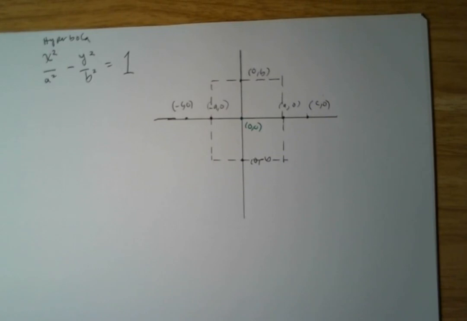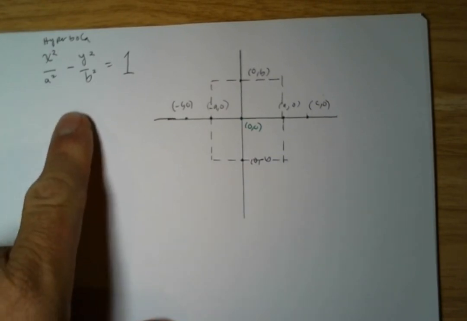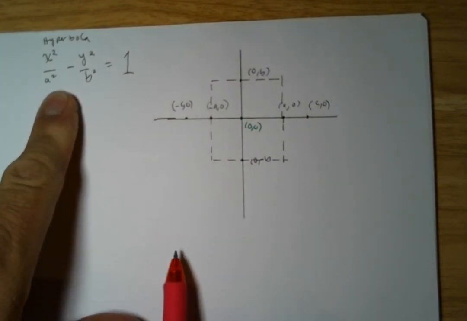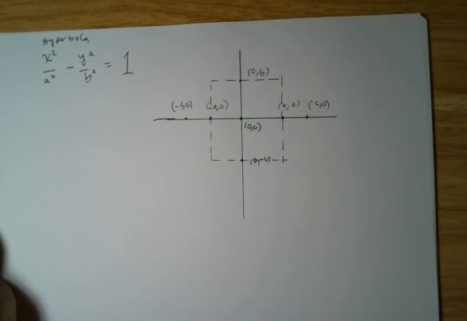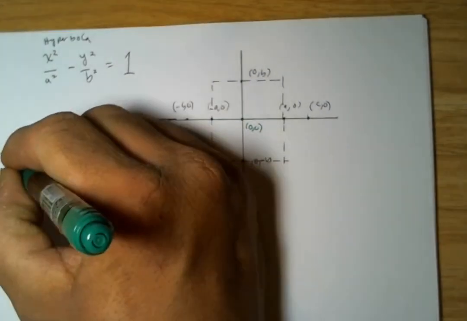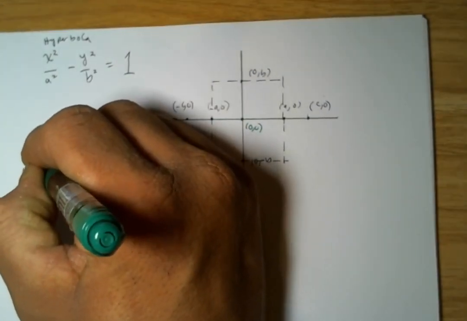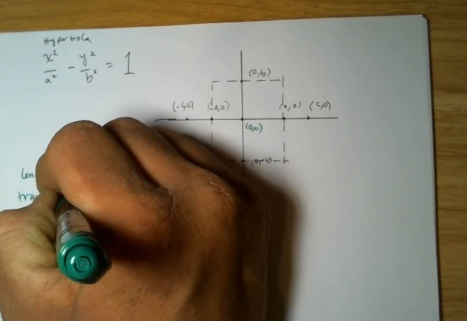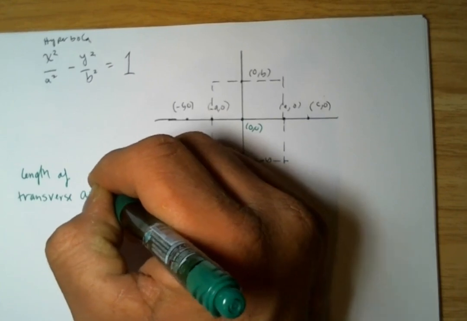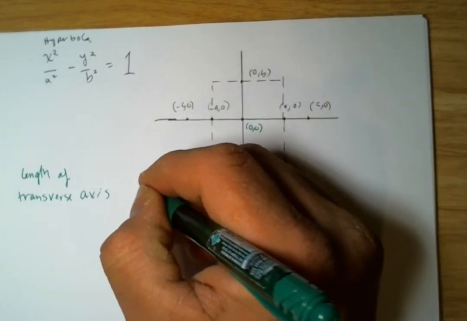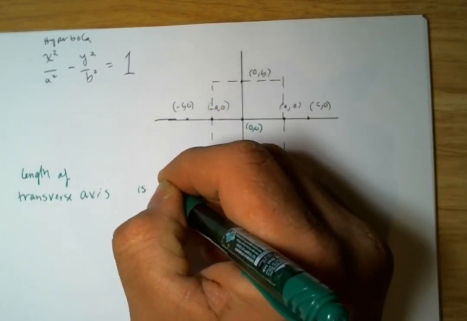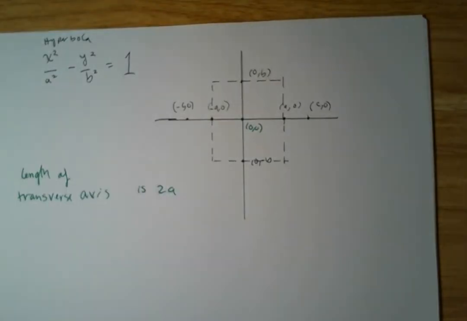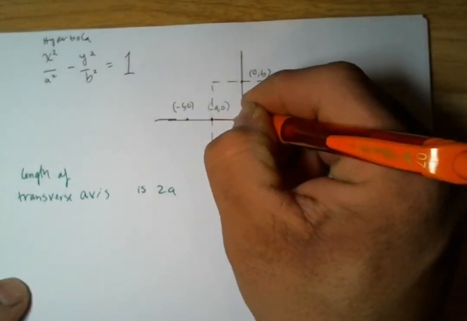And then the transverse axis, in all cases here, the length of the transverse axis is 2a. And that's going to be this right here.